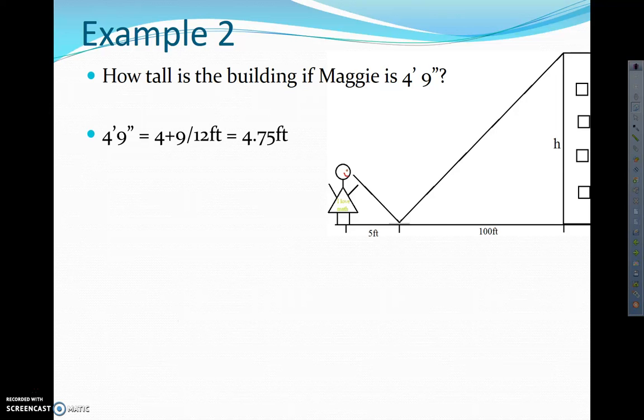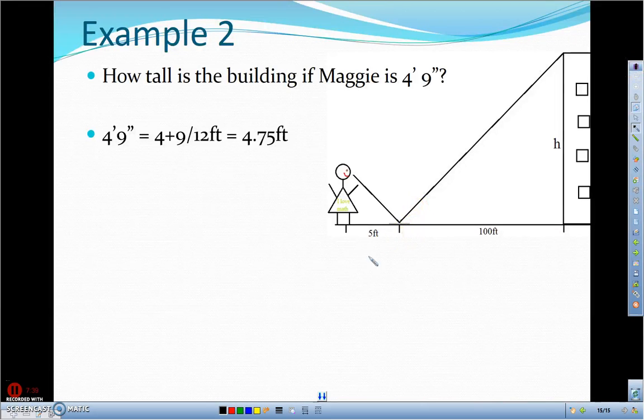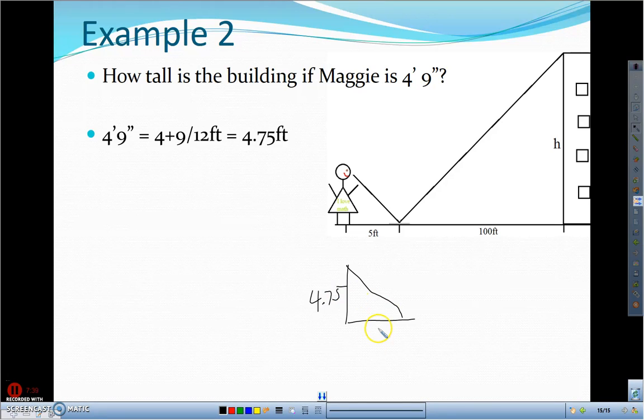Maybe I should create a new diagram here so that we can do a little bit more with it. Here's one triangle. That's 4.75. This is 5. And if we take this other triangle and flip it around, it's similar to this one here.